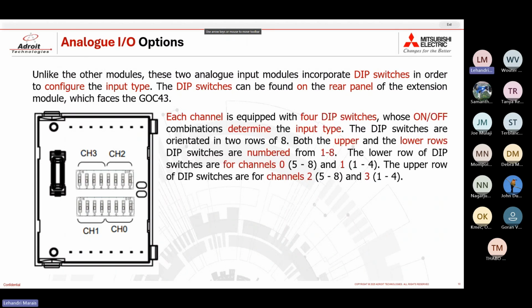Now, as you can see on the image on the left, there are 2 rows of dip switches, 8 dip switches per row, with the first row being numbered from left to right 1 to 8, and the upper row or the second row also being numbered left to right 1 to 8. So that means both rows are numbered 1 to 8.